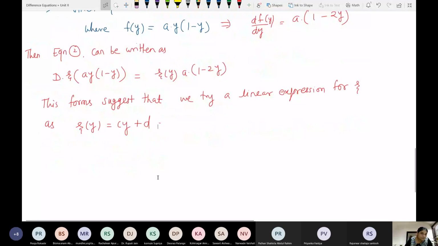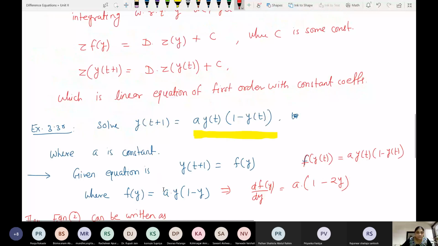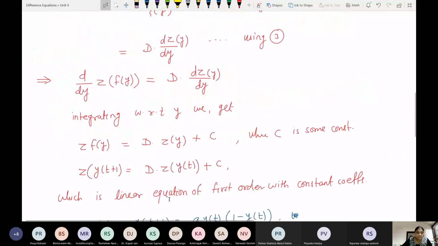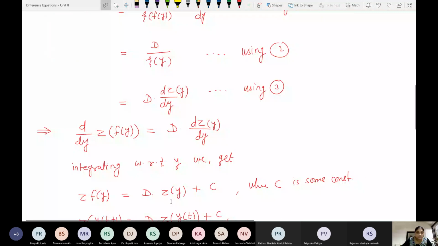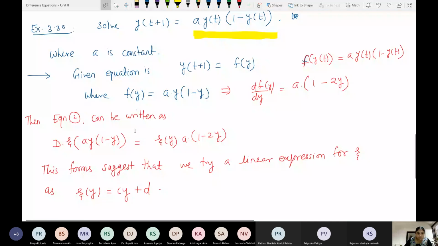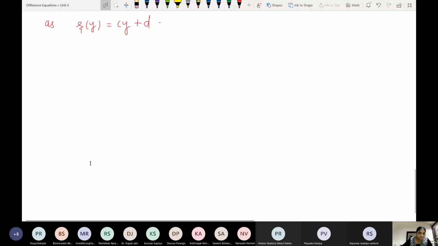So if I substitute here, whatever may be the number, let us call it star.